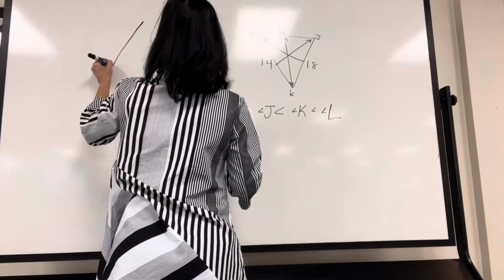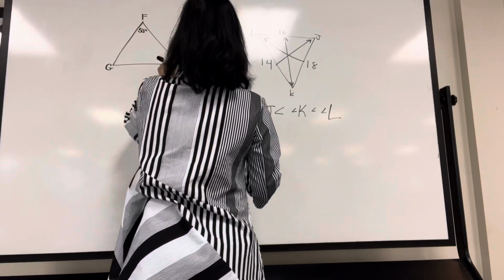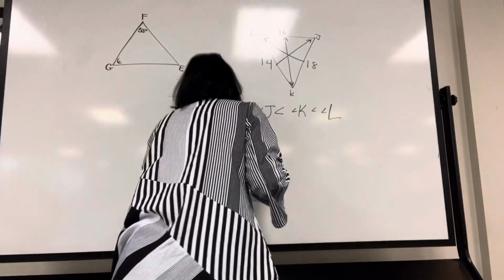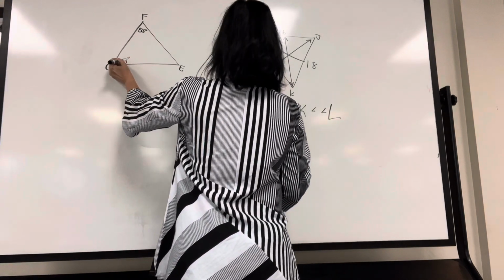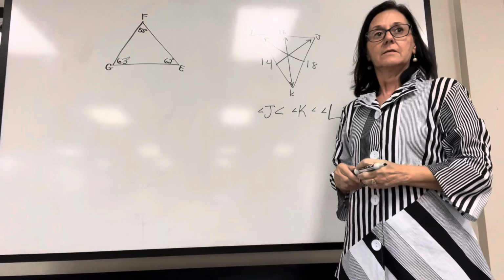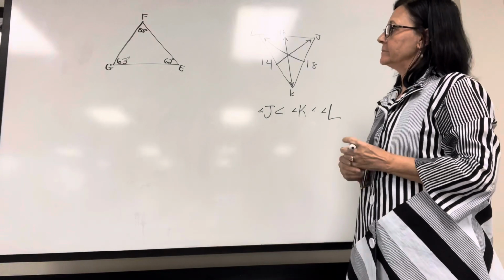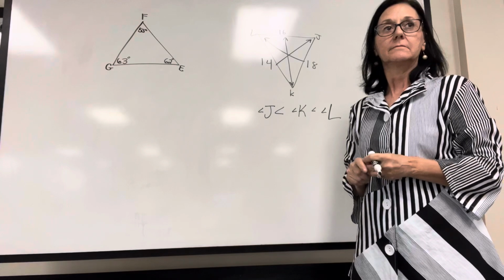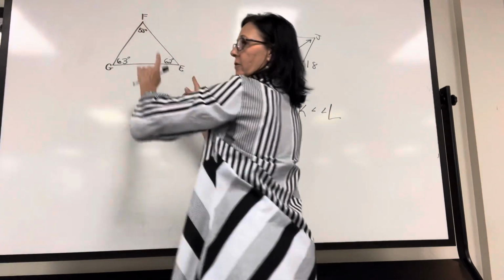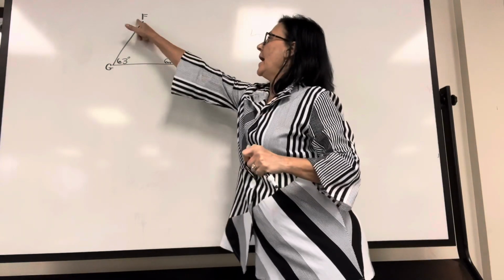All right, now, what if I had this? What would be an inequality for this triangle, Ari? Side G is less than. Okay, let's use the two letters that are here. We don't have lowercase letters.